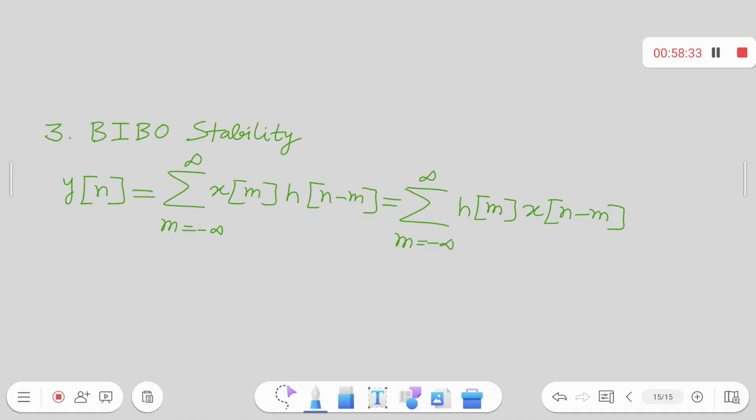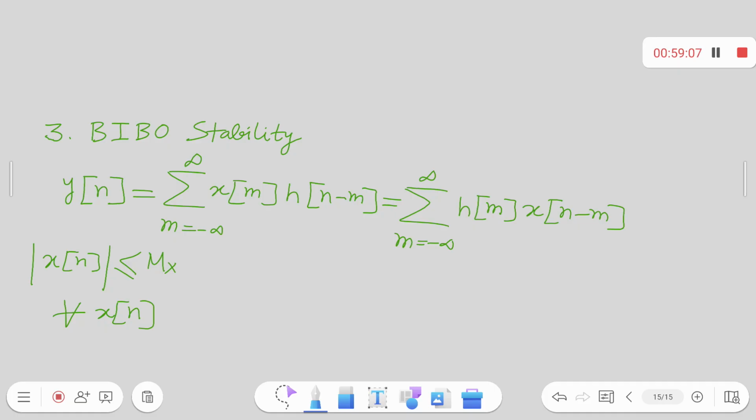Okay. So what do we mean by a BIBO stable system? For all possible bounded input, the output is also always bounded. So if the input is bounded, I have to ensure that mod of x of n is always less than or equal to some mx for all n. That means I have put some bound on the input.